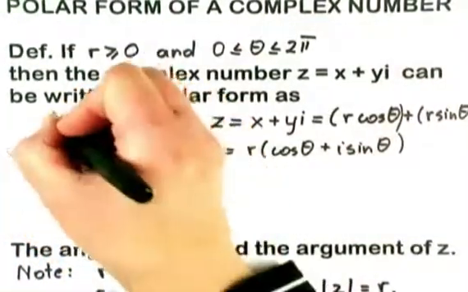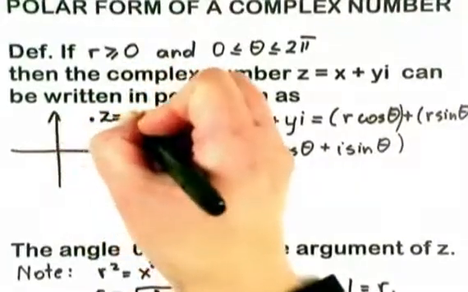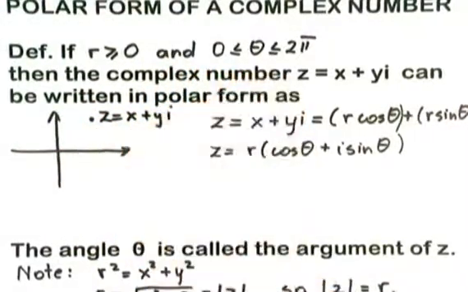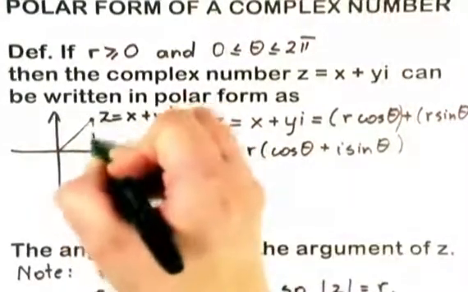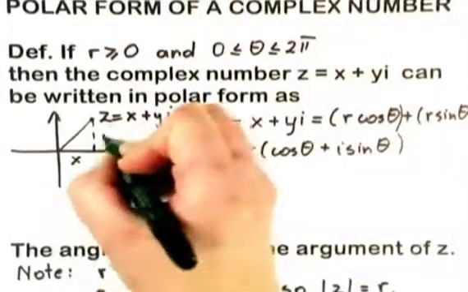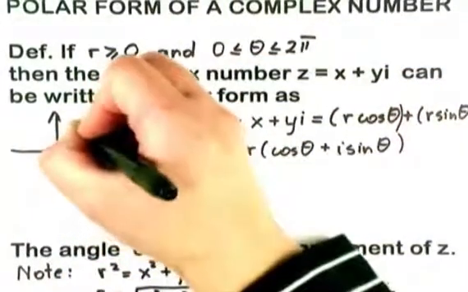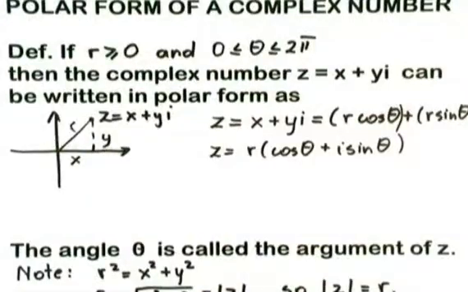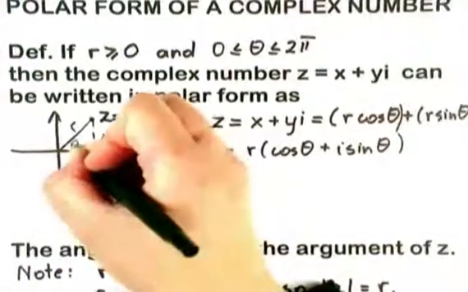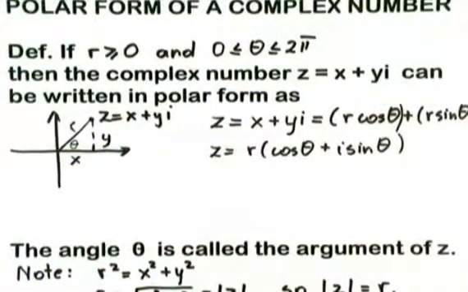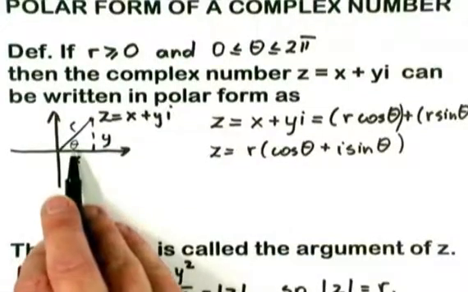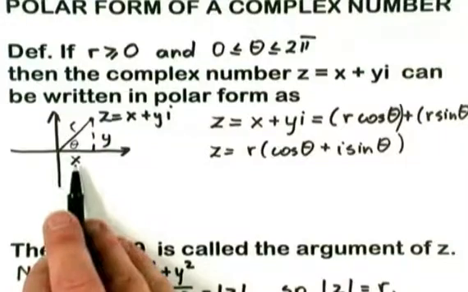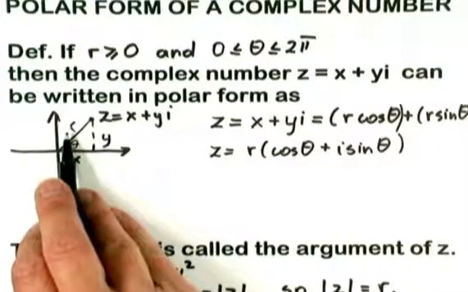If I plot my point, z is equal to x plus yi, then I can connect this with the origin, and I'm getting this is my x, this is my y, and this distance is going to be called r. So my theta is right here, the angle. Regarding this angle theta, this one is adjacent and this is the hypotenuse.